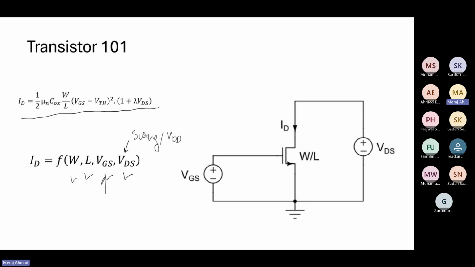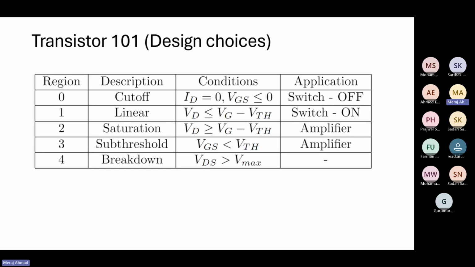Now the second question is how you set your VGS. The transistor can be operated in various regions: saturation, subthreshold, linear, cutoff. So how can this VGS be selected? I can show you one table. What you see here on the left is Cadence specific.